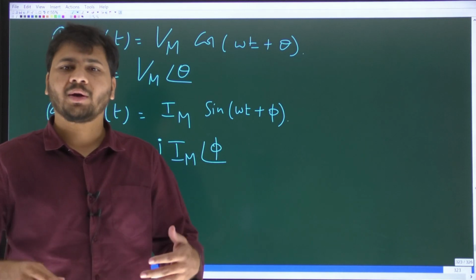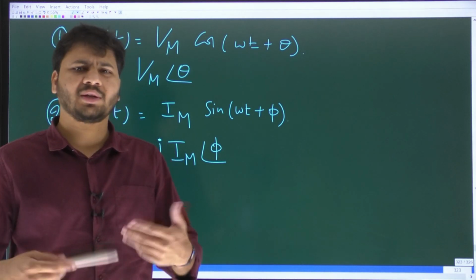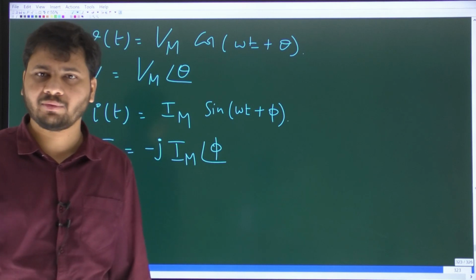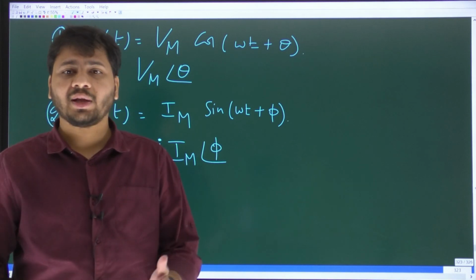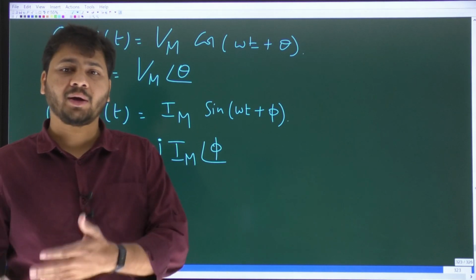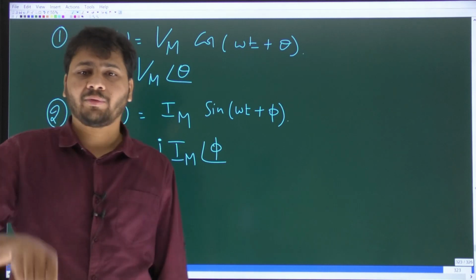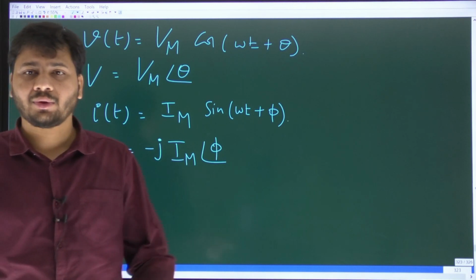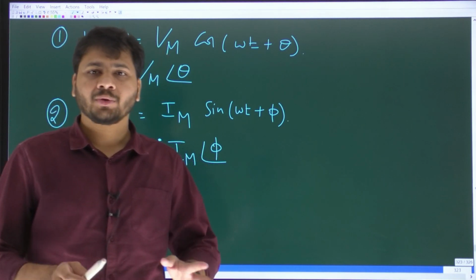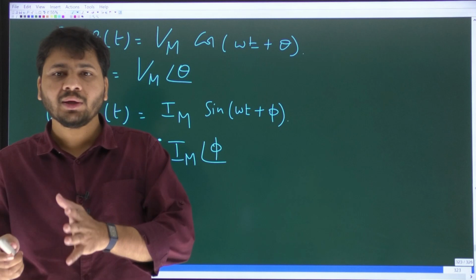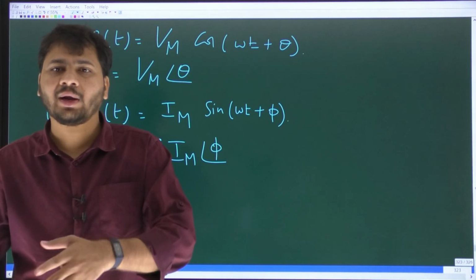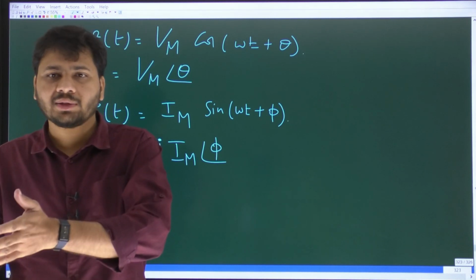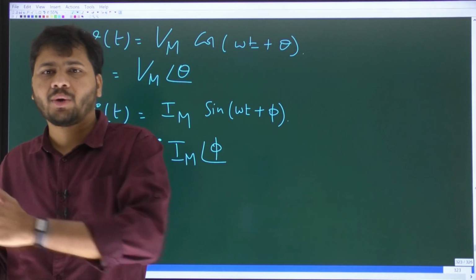But we will do the analysis in phasor domain because it is much more convenient. Once we complete the analysis in phasor domain and find the required voltage or current in the phasor domain, then we'll convert that phasor back into time domain. So you should be very comfortable going from time domain to phasor domain, then doing the analysis in phasor domain, and then in the end converting that phasor result back into time domain.